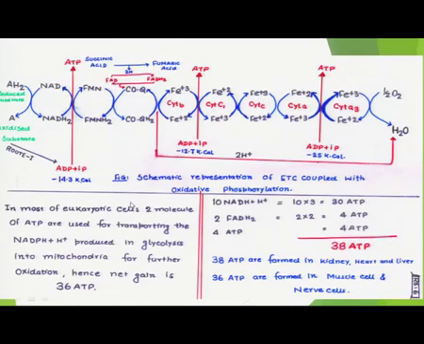This FADH2 transfers its electron or proton in route 2, that is directly through coenzyme Q, not NAD. So, FADH2 transfers its electron to coenzyme Q, then the same pathway as route 1.